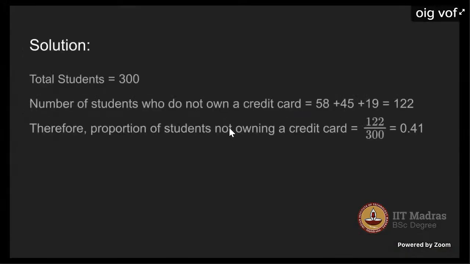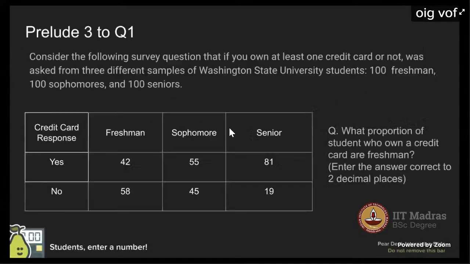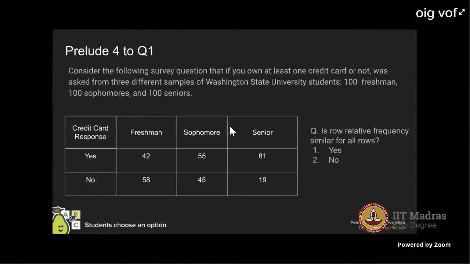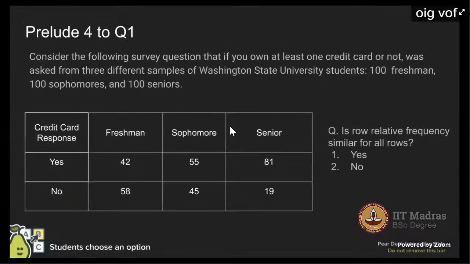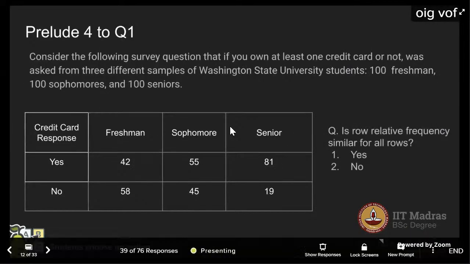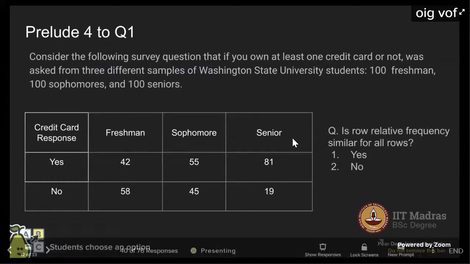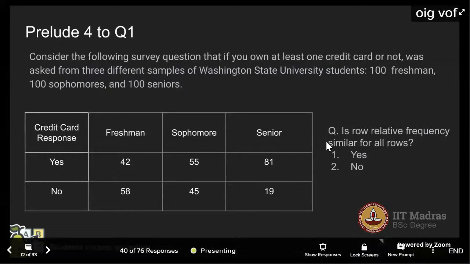Thank you, sir. Sir, if the row relative frequency or column relative frequency are same for all rows, then we can say that two categorical variables are not associated with each other. Is it same or does it seem similar? It will never be exactly same. It will be just similar, kind of same to each other.